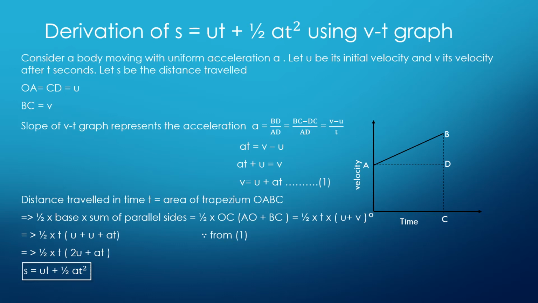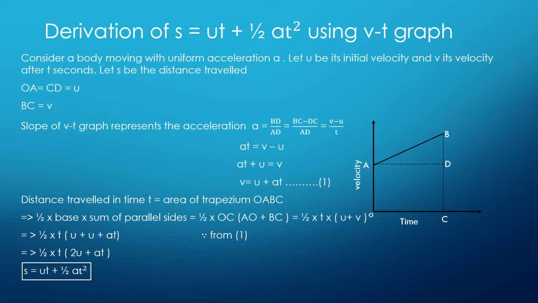We take t to the LHS, what happens? AT is equal to V minus U. Taking U this side, AT plus U is equal to V. Now V is equal to U plus AT. We consider this as equation 1.